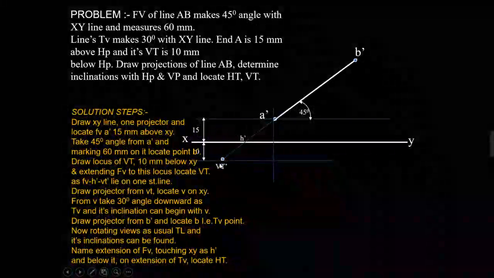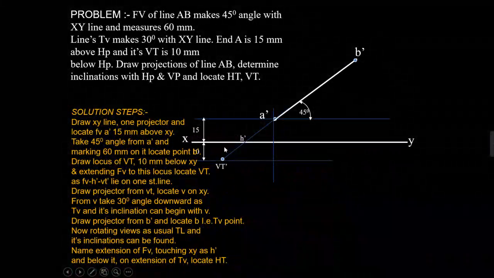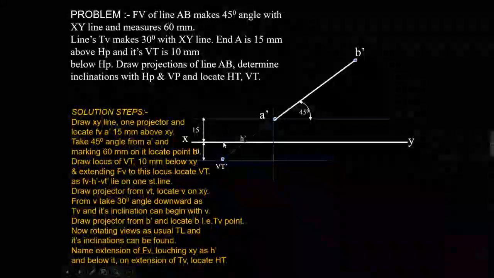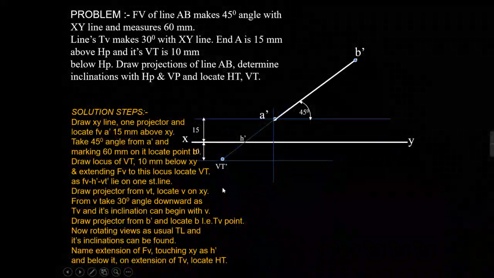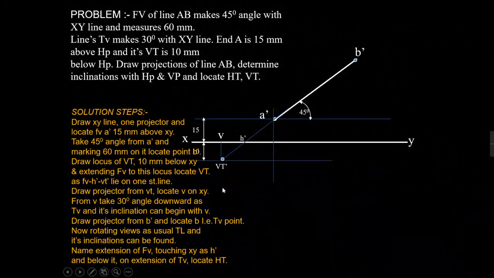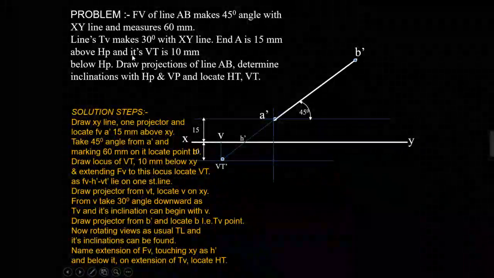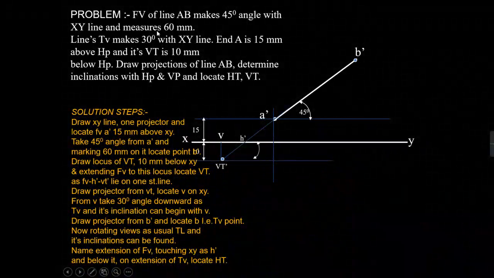Now what I will do is find out the point V, as I know the VT and V lie on the same projector. So I can find out the point V, and from the point V I can draw a straight line at an angle of 30 degrees.